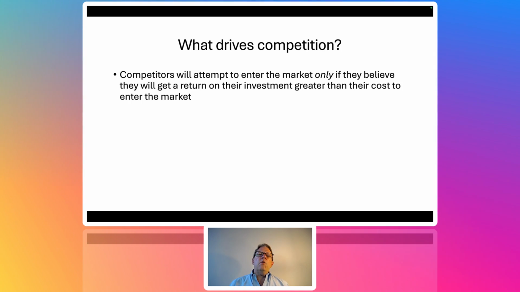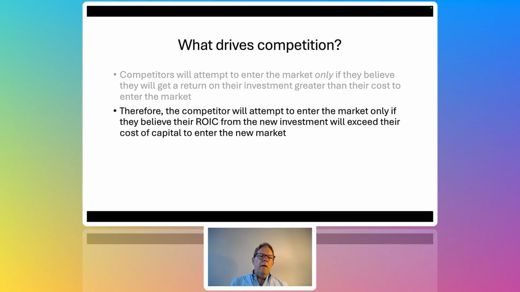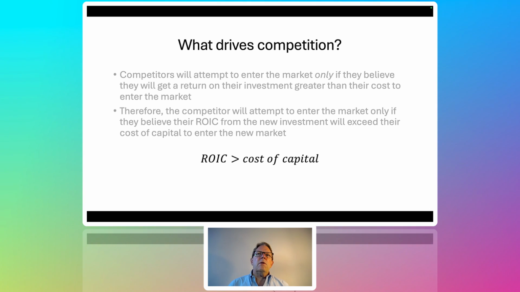All right. So what drives competition? Competitors will attempt to enter a market only if they believe they will get a return on their investment greater than the cost of entering that market. That's the key. All right. Therefore, the competitor will attempt to enter the market only if they believe their return on invested capital from the new investment will exceed their cost of capital to enter that new market. And ROIC is going to be the critical measure.